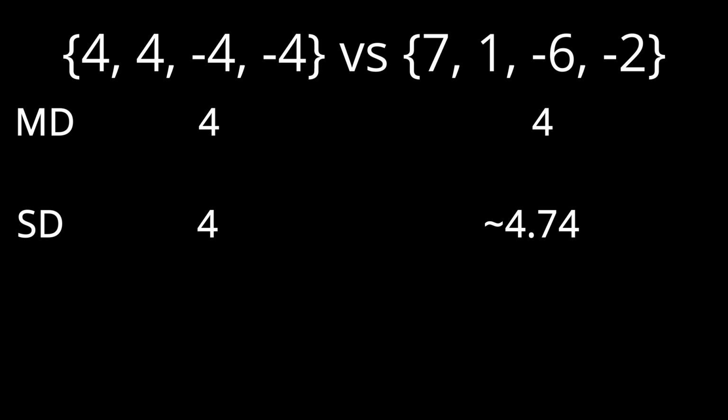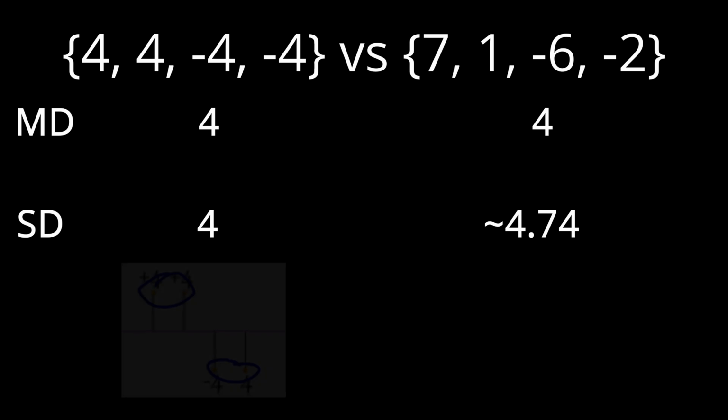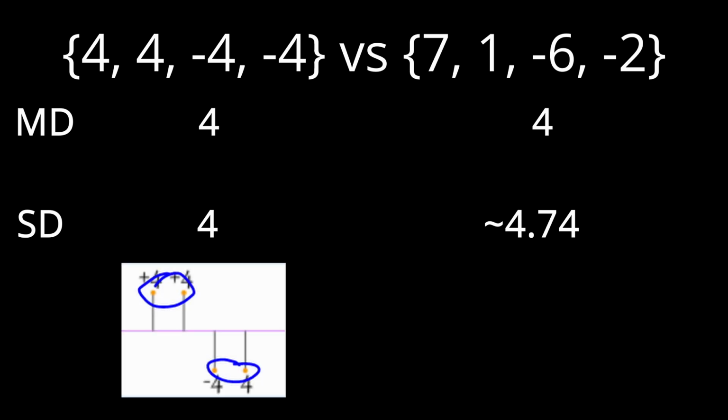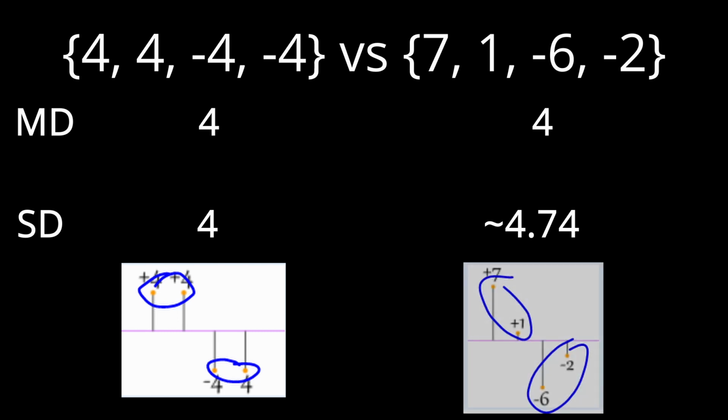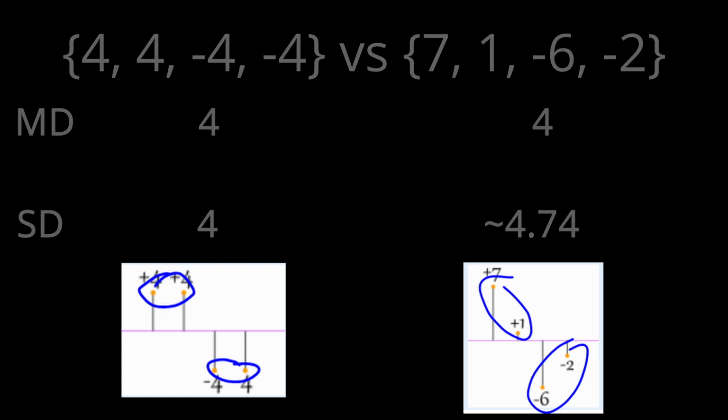To demonstrate this, if we look back at the two sets of data from before, and only consider distance from the mean, we can see that the mean deviations are equal. But in the first example, the data points are close to one another, while in the second they are more dispersed from one another, and accordingly the standard deviation is larger in the second example.